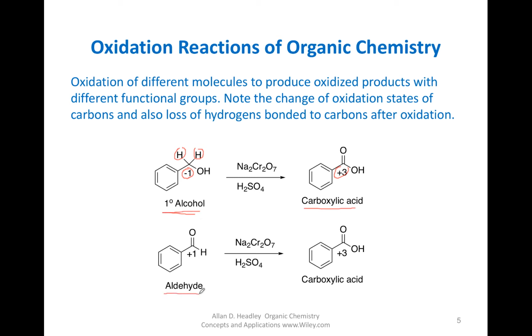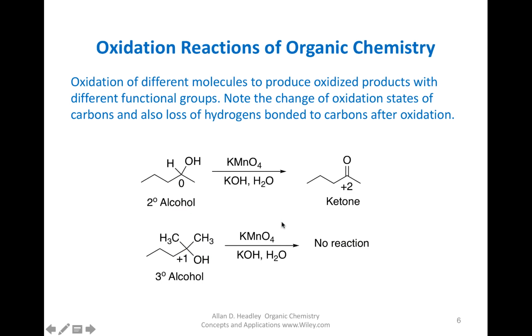Look at this one, the aldehyde, same oxidizing agent, sodium dichromate in sulfuric acid. The oxidation state here of this carbon is +1, and it goes to +3, increases in oxidation state, goes from an aldehyde to a carboxylic acid, a different functional group using an oxidizing agent.